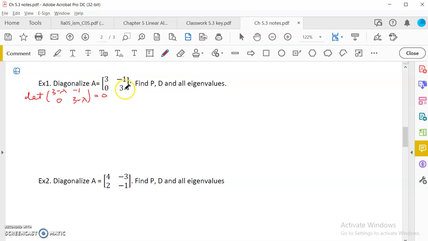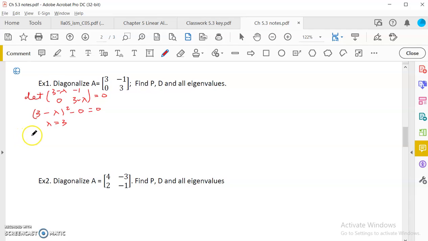As a matter of fact, this is a triangular matrix, so we can just say 3 is the eigenvalue. But for the purpose of showing an example, I would say (3 minus lambda) squared equals 0. That means lambda equal to 3 is the eigenvalue.